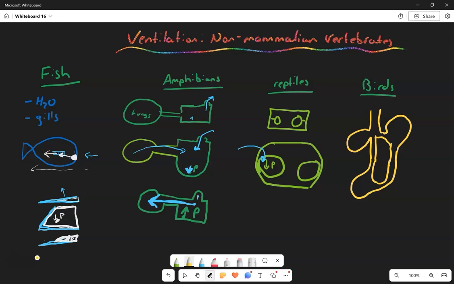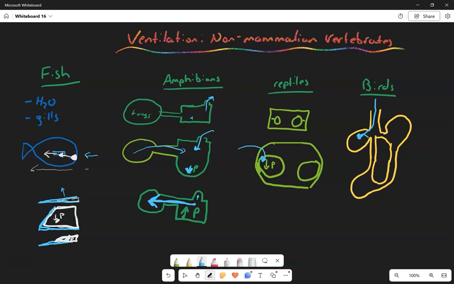All right. Now, what's different inside of the birds is when they expand their thoracic cavity, air will come in and it will hit these anterior air sacs. Okay. And then as they breathe in and out again, they inhale and they exhale.